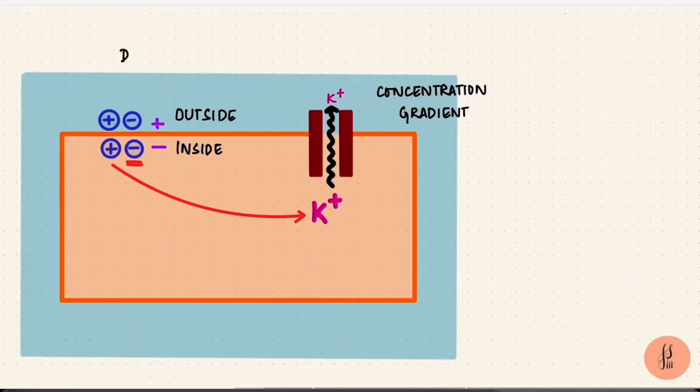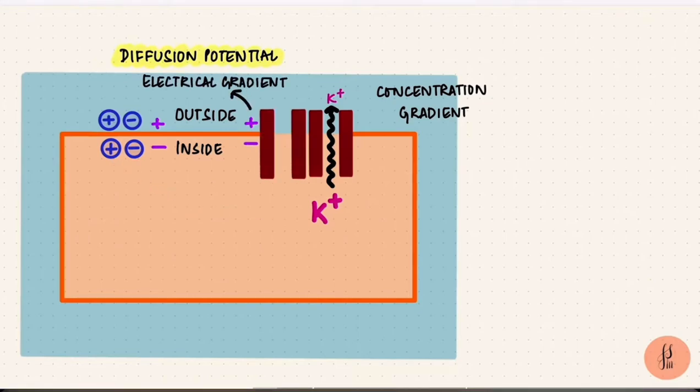This potential difference that was created by the diffusion of an ion along its concentration gradient is called a diffusion potential. And now there's an electrical gradient in addition to the concentration gradient. Potassium is a positive ion, so the ions would move from more positivity to lesser positivity along the electrical gradient. The direction is opposite, but at some point these two will balance and cancel each other out. The ion stops diffusing and is at electrochemical equilibrium.